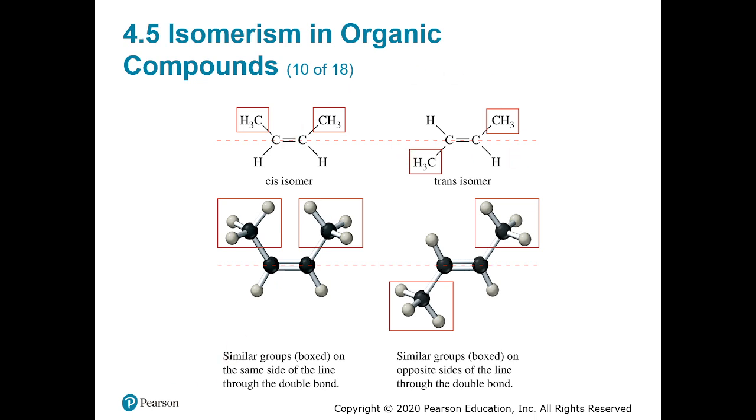What would happen though if instead of having a hydrogen here, we had another CH3? Is that cis or trans? So these are opposite, right? So that'd be trans, wouldn't it?